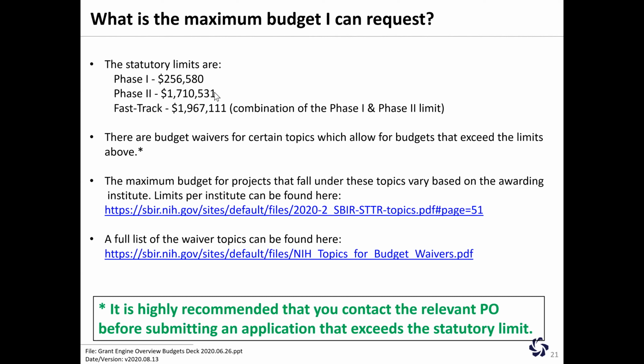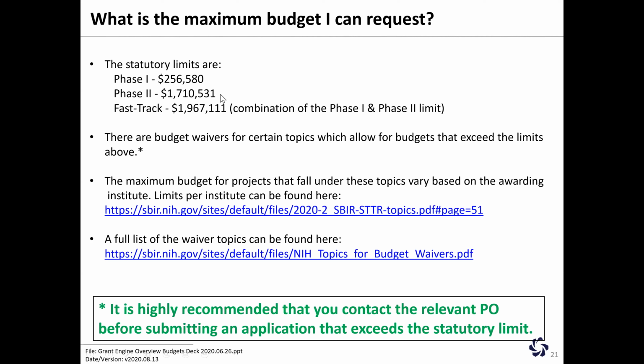I think everyone's probably familiar that phase 2 is essentially 4 times the work, right? You have to write double the research strategy plus a whole commercialization plan, but it's 6 times the money. And 256K is not anything to sneeze at, but it's really not enough money to do much of anything. You're going to get proof of concept work out of it that's useful, et cetera.